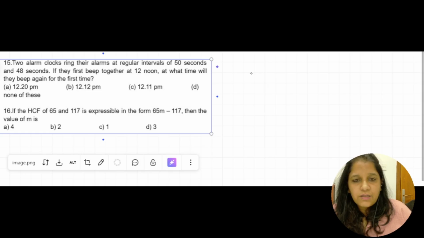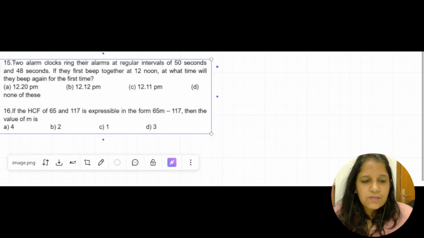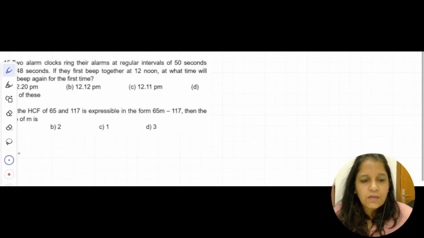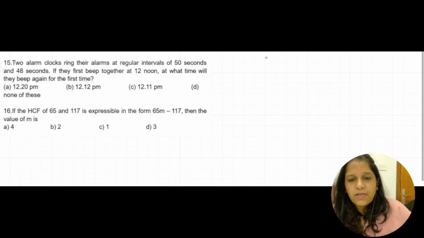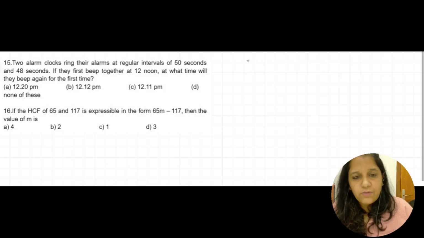Two alarm clocks ring their alarm at regular interval of 50 seconds and 48 seconds. If they beep together at 12 noon, at what time do they beep again?